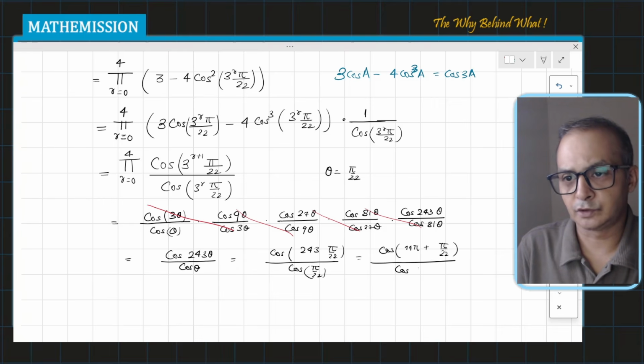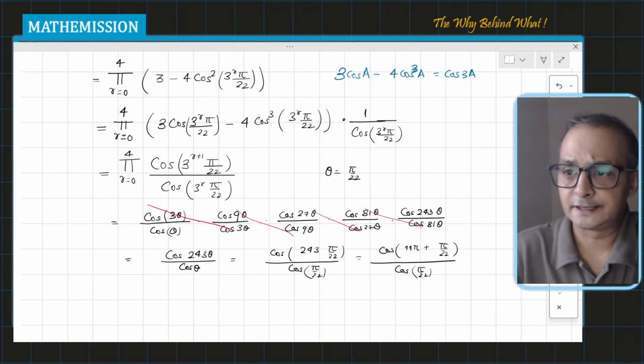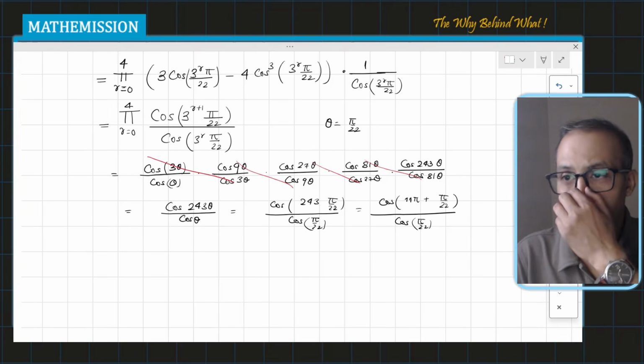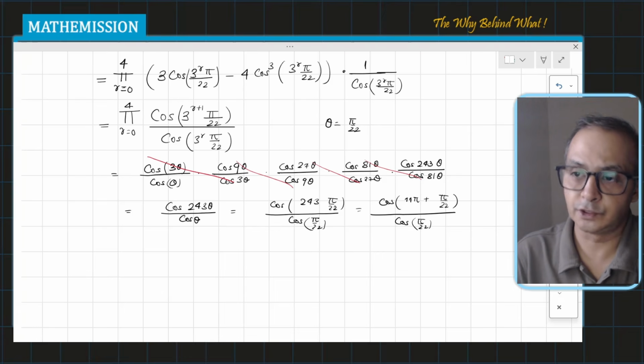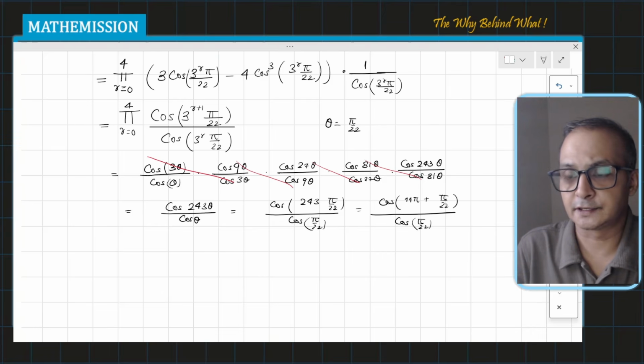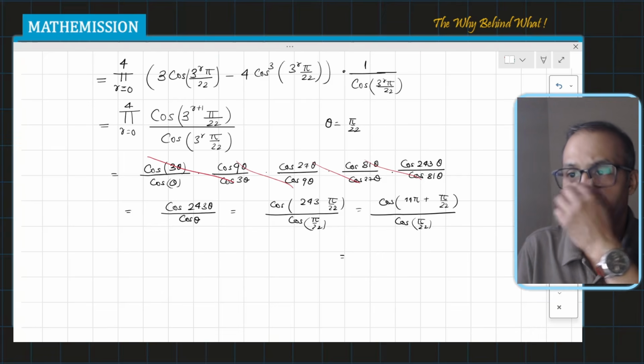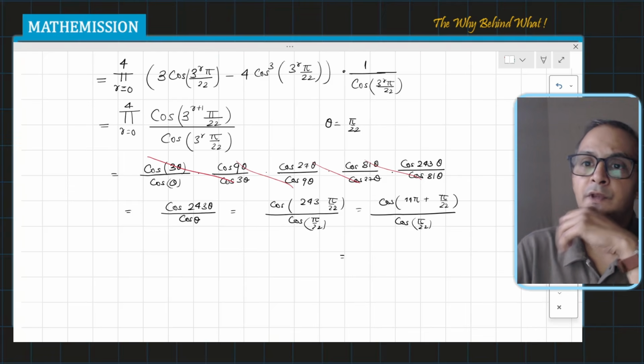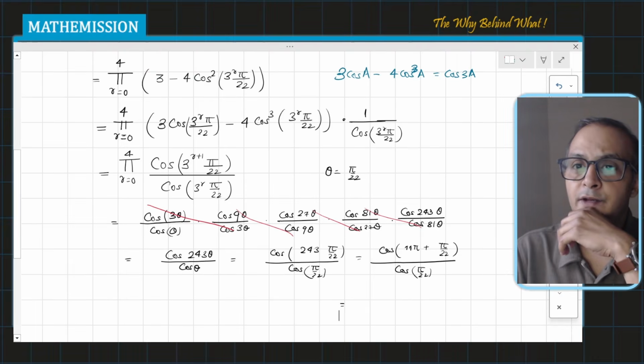And how do I come to know? It's not difficult, because 11 into 22 is 242. And so I can write this as cosine of 11 pi plus pi by 22.